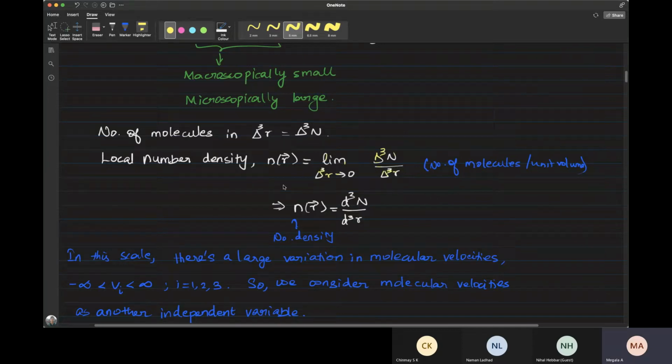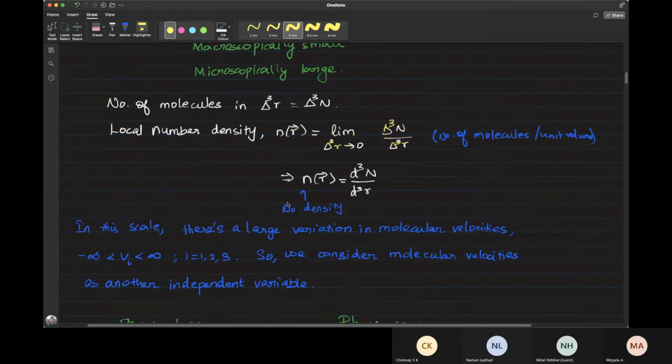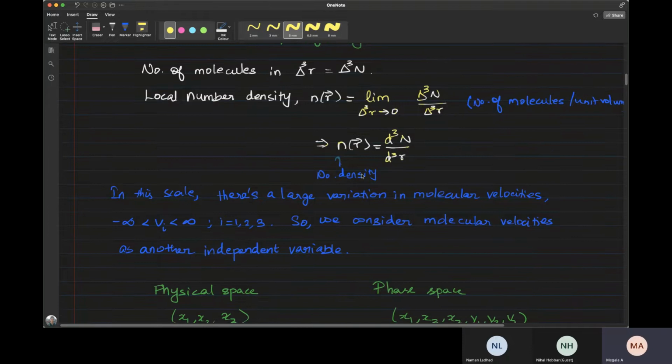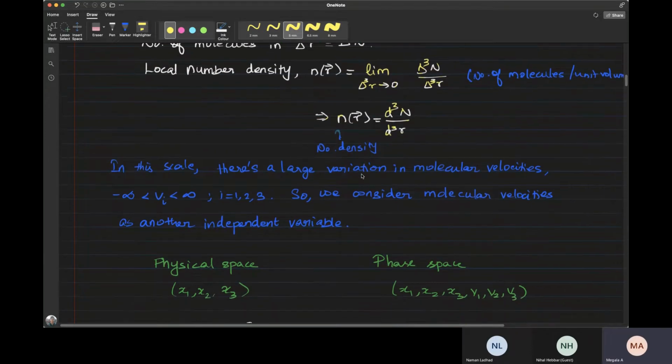When taken to the limit, it becomes the local number density. And since we take the limit, we can write this whole thing as d cube n by d cube r. So this becomes the number density of molecules in that volume.